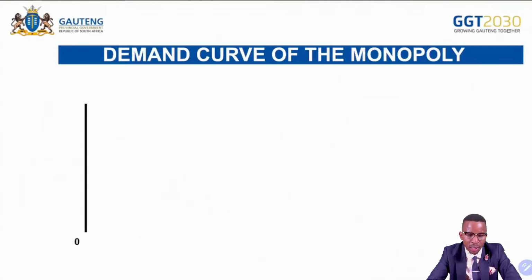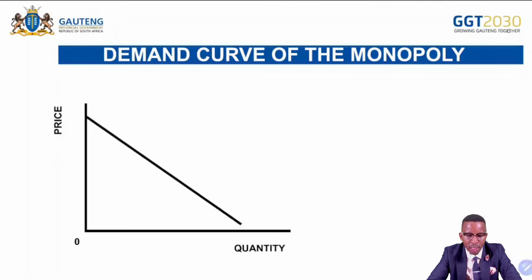So here is the demand curve, vertical axis, horizontal axis. We have price on the vertical, quantity on the horizontal. There is the demand curve being downward sloping, and these are the points along it. If the price is P up there, that is point A, and the quantity there will be Q. When the price is dropping down to P1, the quantity will be Q1.